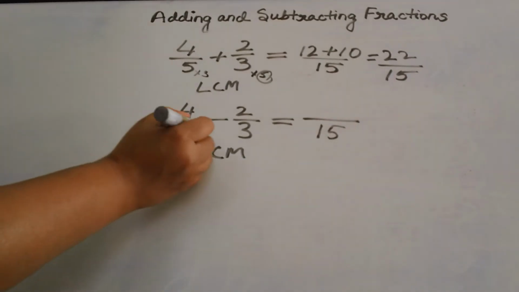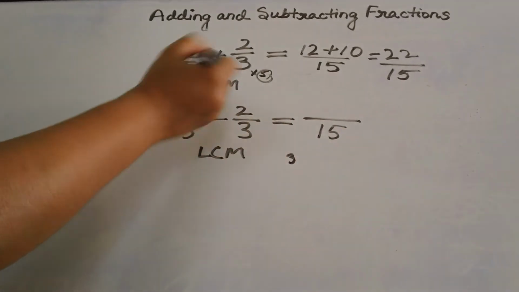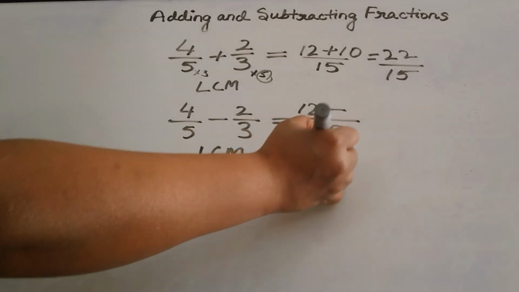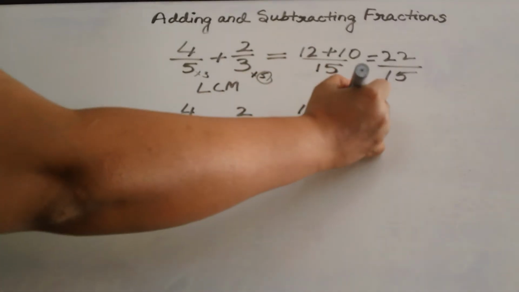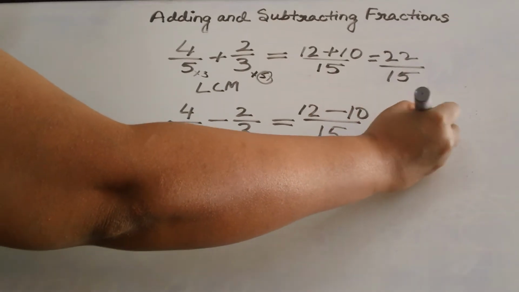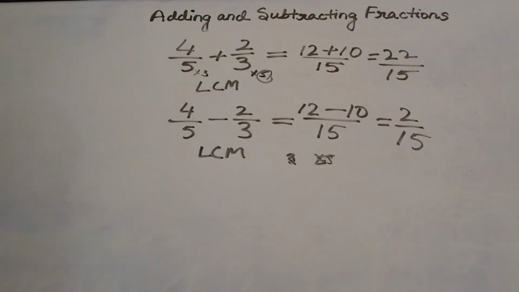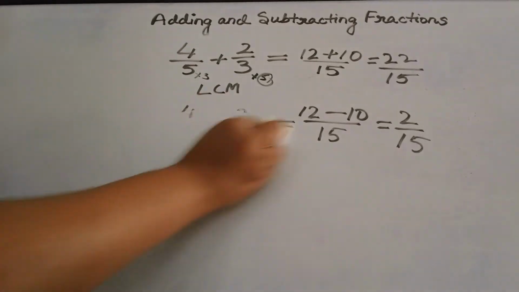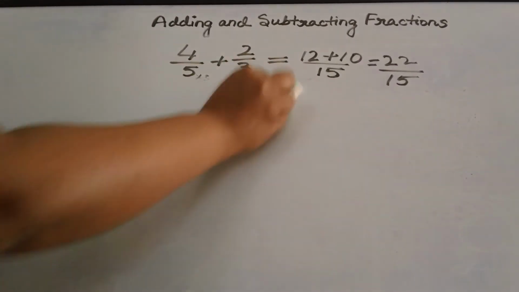And we do 5 times 3 is 15, so 3 multiplied by 4, which is 12, minus 3 multiplied by 5 is 15, so we multiply 5 by 2, which is 10, and we have 2 by 15. So that's the way to add and subtract fractions when the denominator is not the same.